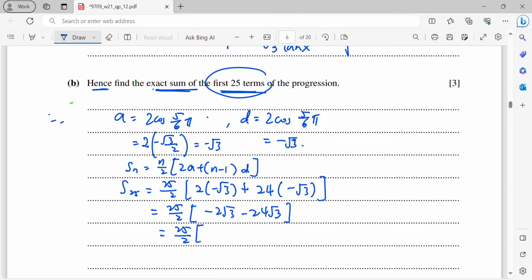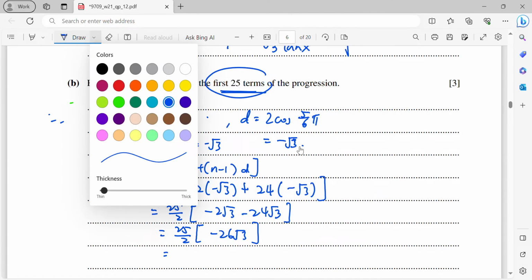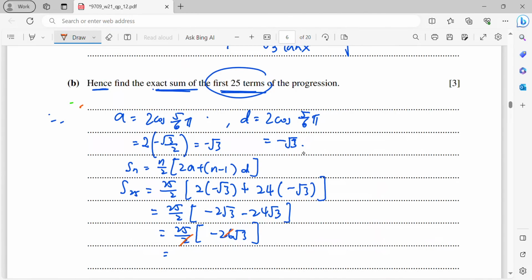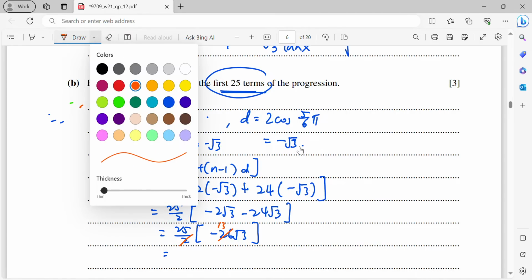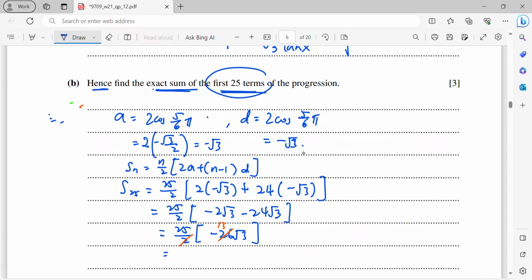So negative 2, negative 24 means negative 26 square root 3. Okay, so now the 2 and 26 can be simplified to be 13. So basically you need to count 25 times negative 13 square root 3. So which means this is going to be negative 325 square root 3. So that's the answer of this question.